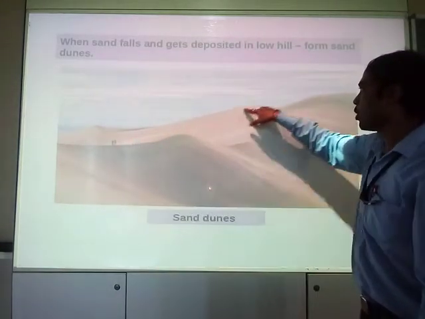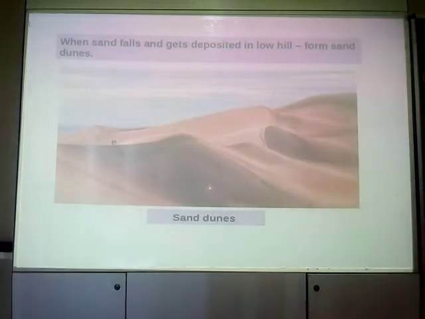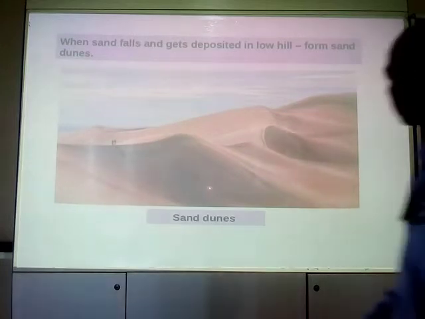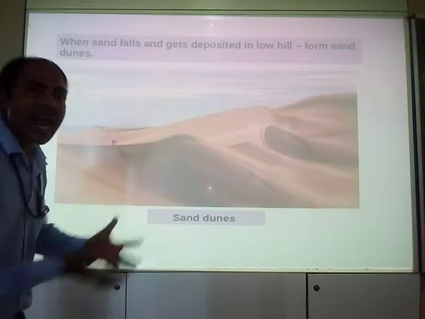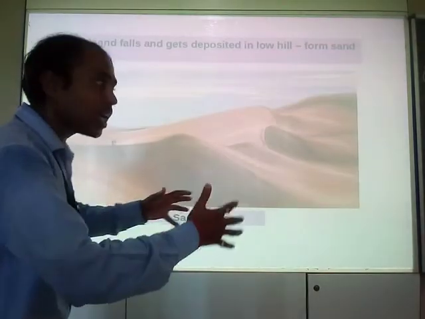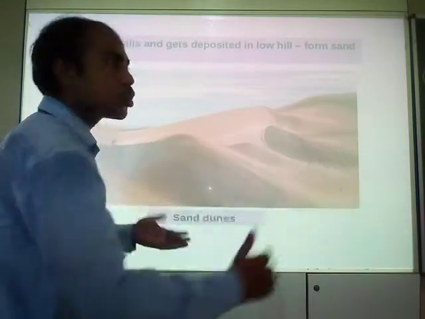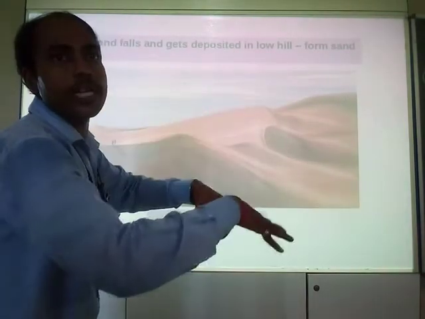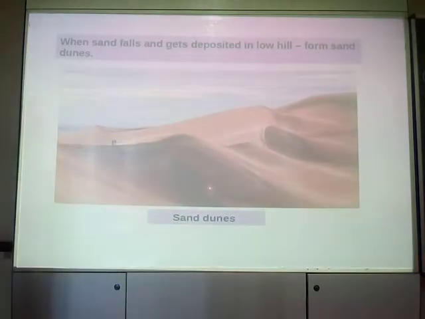See the beautiful structure of sand dunes everywhere, right? You might have learnt earlier also, I don't know, but if you have not learned, always remember sand dunes: when the sand gets deposited along the low hills, it forms sand dunes.